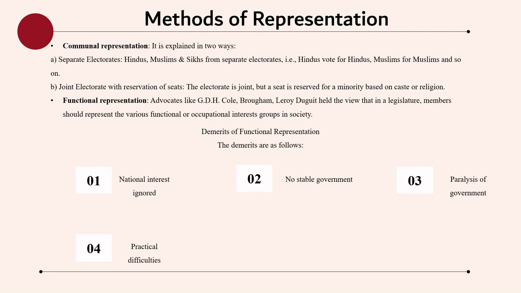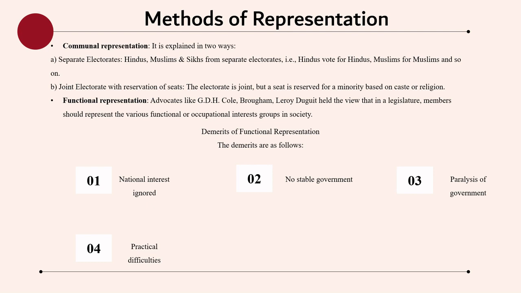After independence, separate electorates was abolished and the constitution provided for the reservation of seats for the scheduled caste and scheduled tribes in the Lok Sabha and Vidhan Sabha. Communal representation divides the people of the country into groups along communal lines, which creates suspicion and dislike of one another.